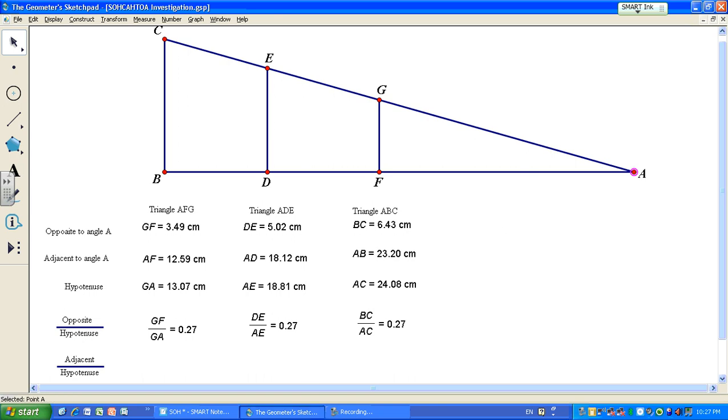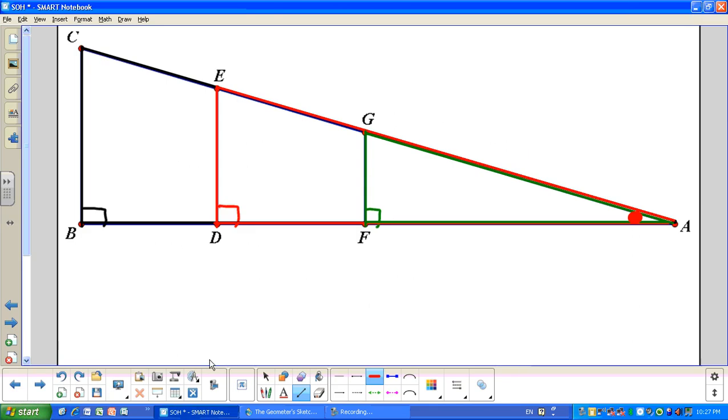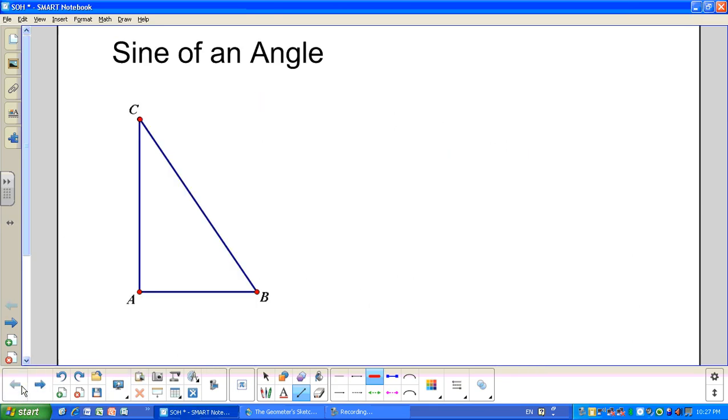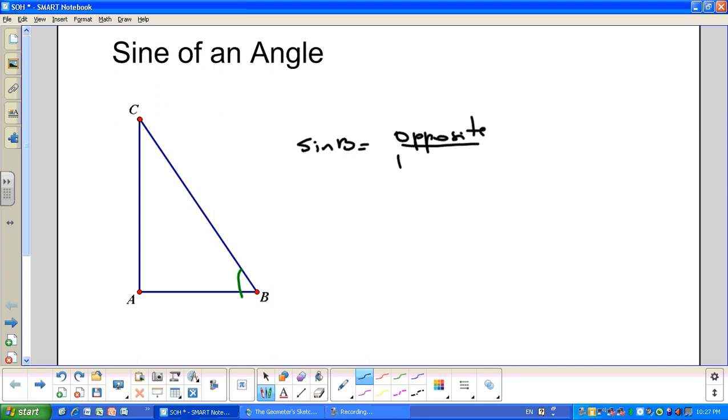As a result, I am going back and I will be defining sine of an angle. In this case, I'm gonna use angle B, this angle over here, and I'm gonna say sine of angle B is opposite over hypotenuse.